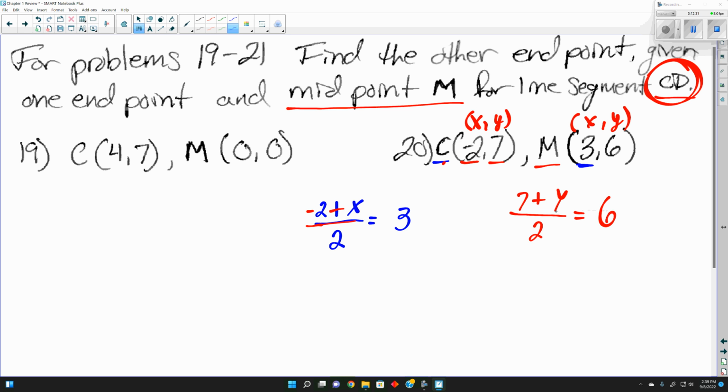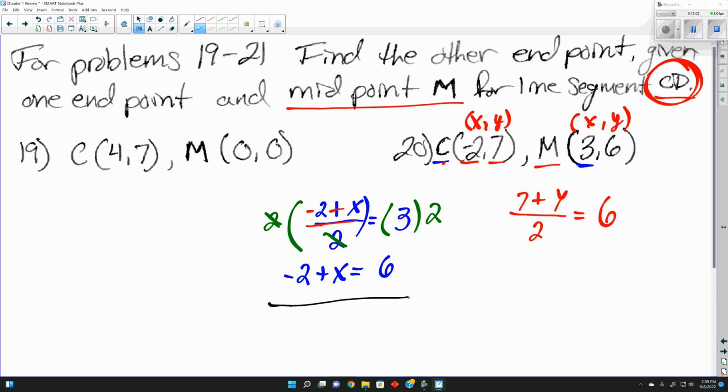Now at this point here, we're going to solve, and the first step in solving for either one of these is the exact same. We multiply both sides by 2. Because when we multiply the left side by 2, those will cancel, leaving negative 2 plus x equals. What we do to one side, we have to do to the other. And 3 times 2 is 6. Solve for x. We would add 2.